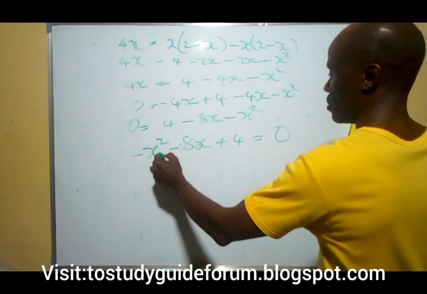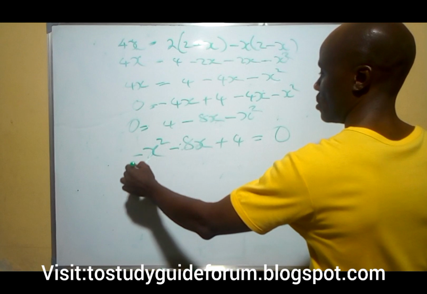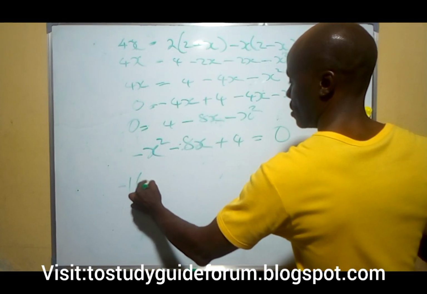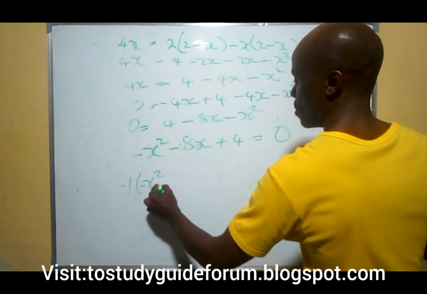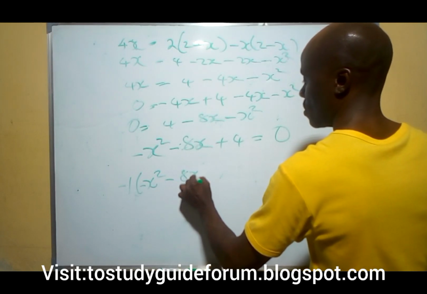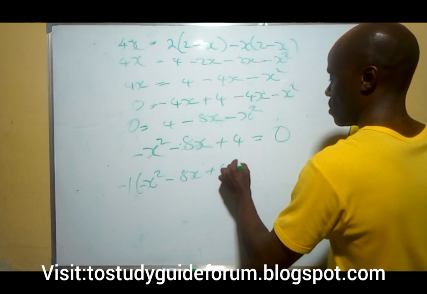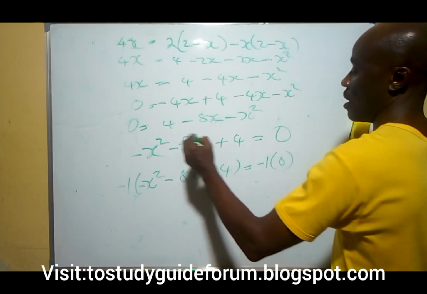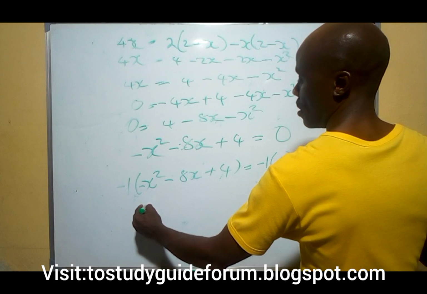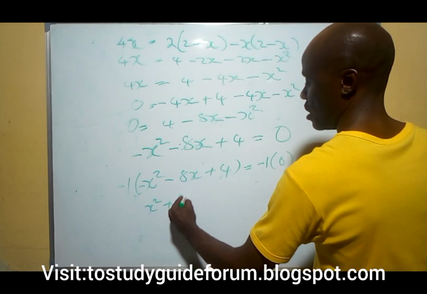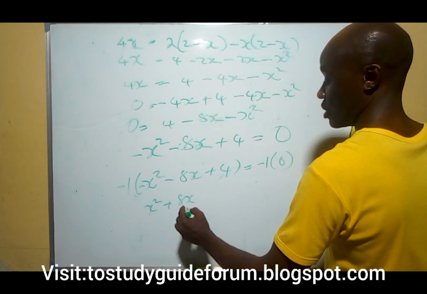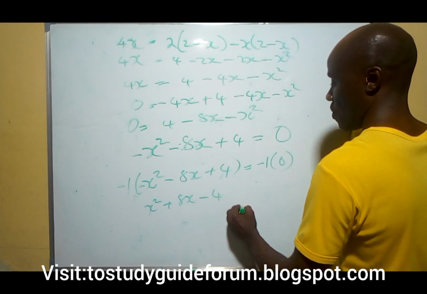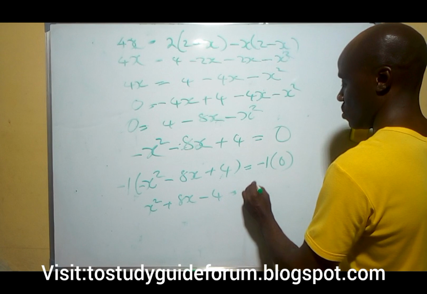Then to remove the minus sign, we multiply both sides by minus 1, so what we have is x squared plus 8x minus 4 equal to 0.